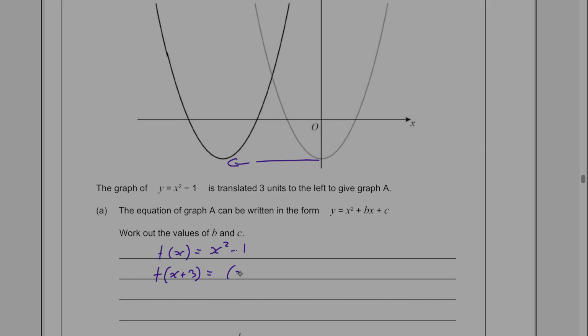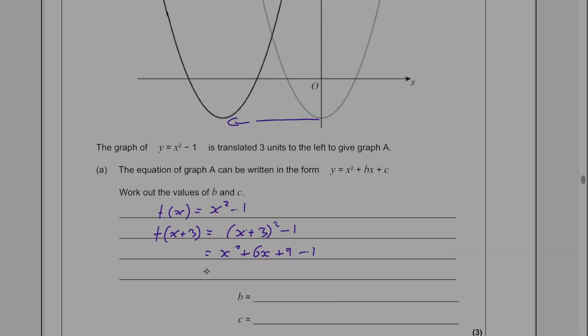That's going to be x plus 3 squared minus 1. So that would give you x squared plus 6x plus 9 minus 1. Tidy that up a bit, that gives us x squared plus 6x plus 8. So b would be 6 and c would be 8.